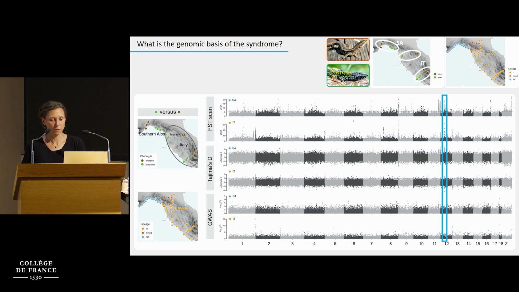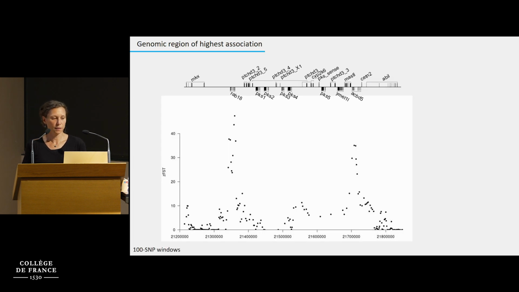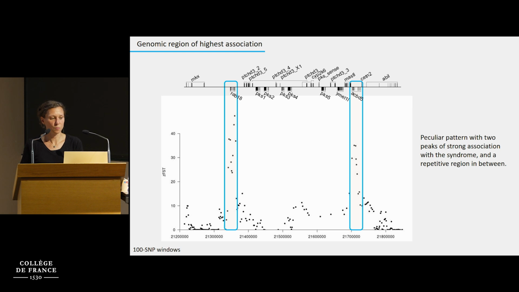If we zoom into this region in more detail, we can see that the region consists actually of two different peaks with very high association with the syndrome. These are very narrow peaks, and they lie on two different genes, RAB18 and ACBD5. Both of them make sense from a neural crest cell hypothesis perspective, because especially RAB18 is a known regulator of cell migration, so it does make a lot of sense.